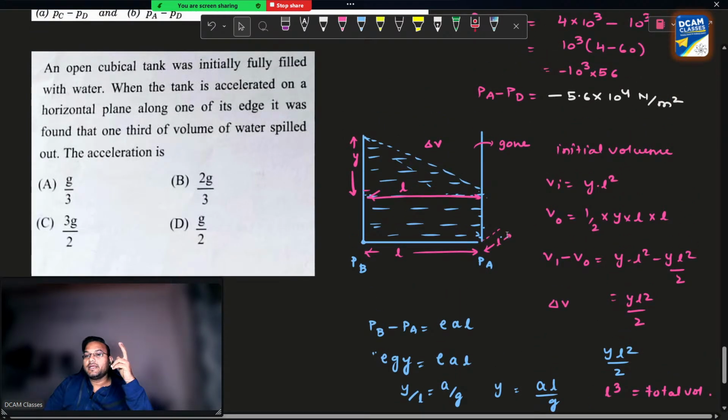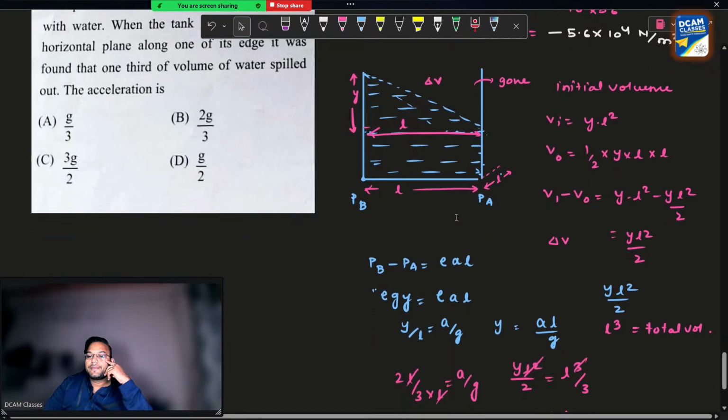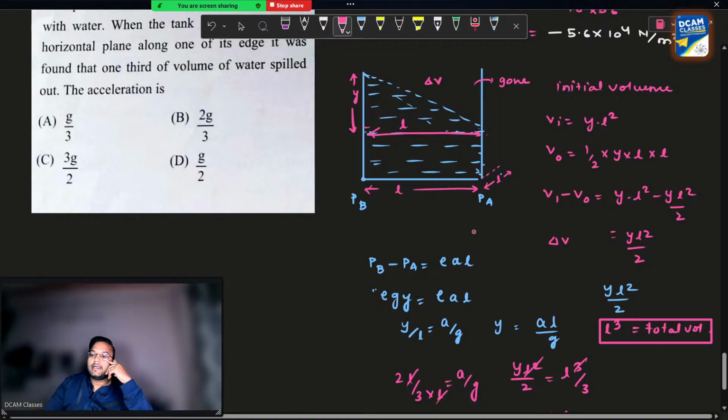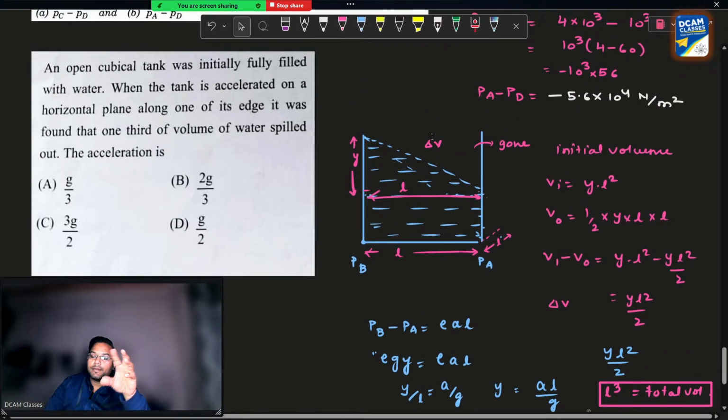See, Haripriya, what I did: I have taken the general case, the whole volume was filled. It's a cube, so all the length, breadth, everything I have taken as L. So the full volume of the container should be L cube. And let's say the water that has been left out from the container is from this height y.